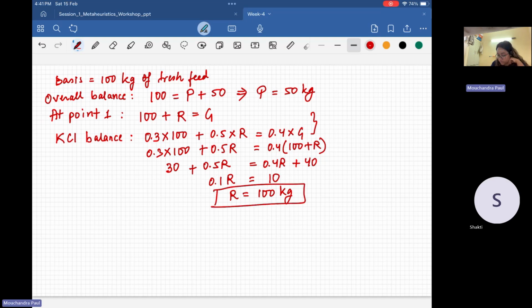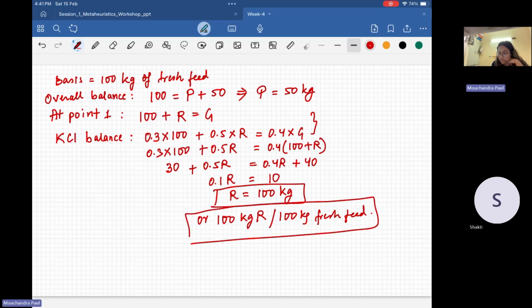This is your answer, or you can write 100 kg of R per 100 kg of fresh feed. There you go. Understood?